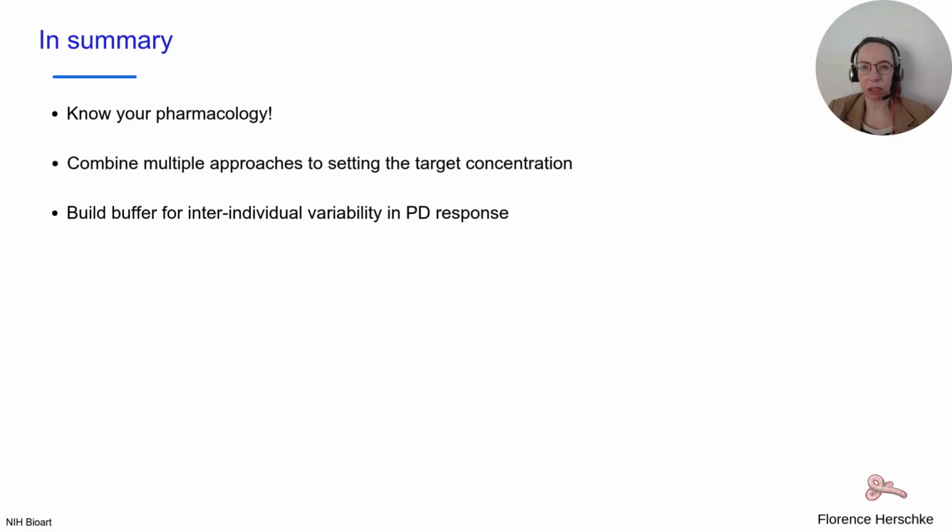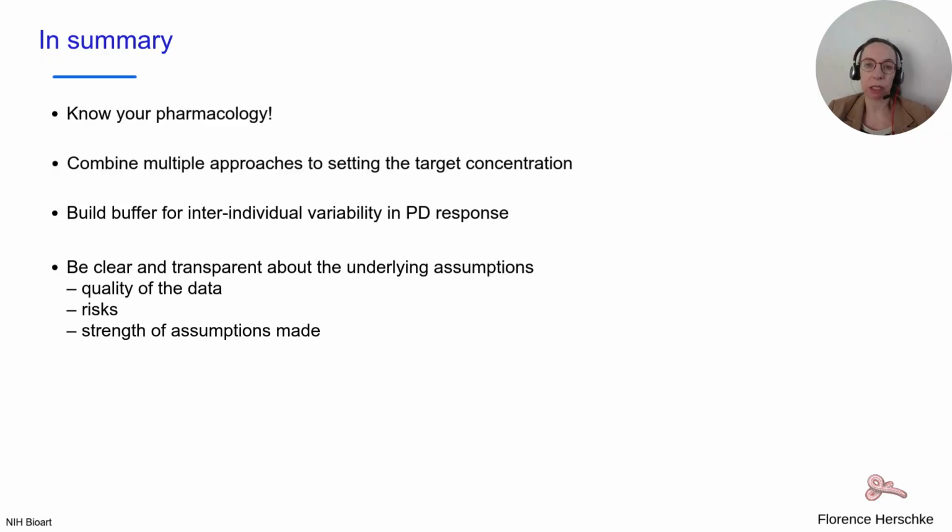Setting target concentration is a difficult exercise, and you will not be entirely sure that this is the right concentration before you've actually moved into the clinic. So for this, it is important to be clear and transparent about the underlying assumptions, the quality of the data you're using, the risks, and the assumptions you've made.